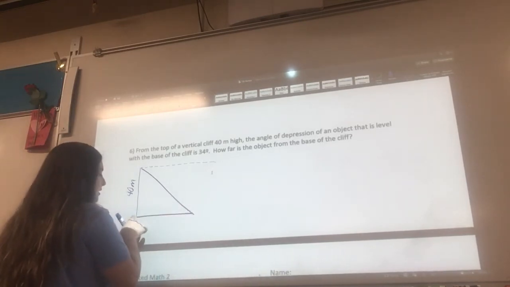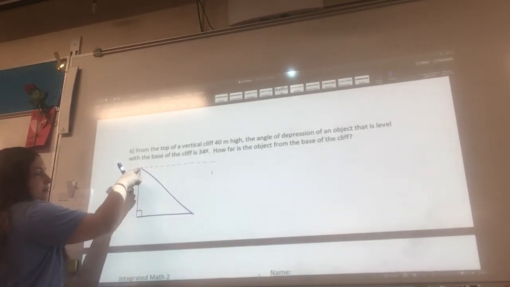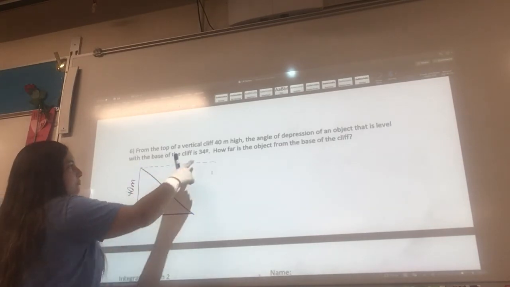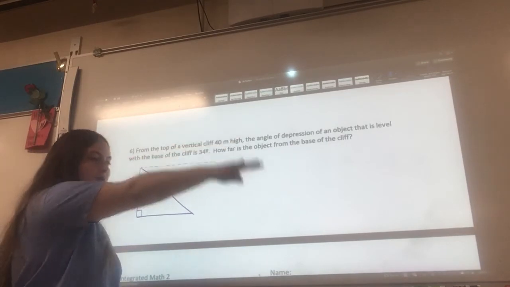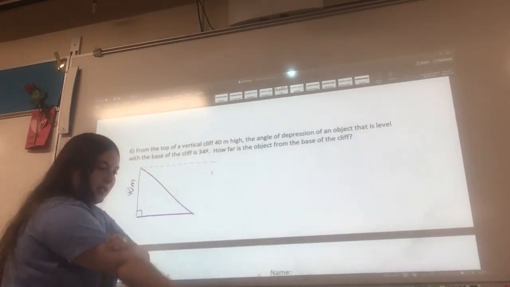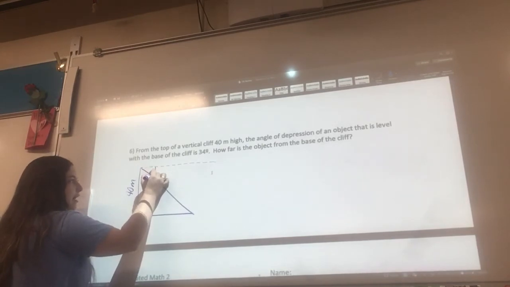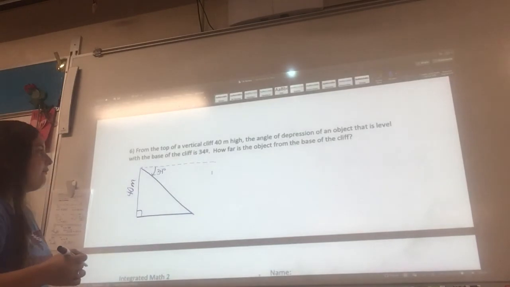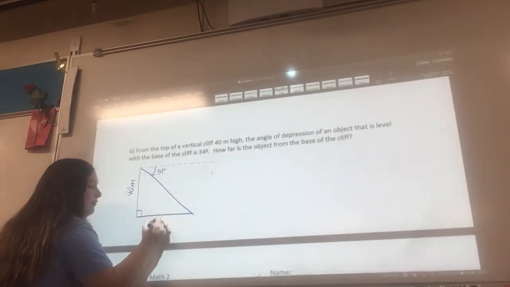So we have the base of the cliff to the object, but we're looking here, and we're going to see that it has a 34-degree angle of depression. So from the horizontal to our line of sight is 34 degrees. How far is the object from the base of the cliff?